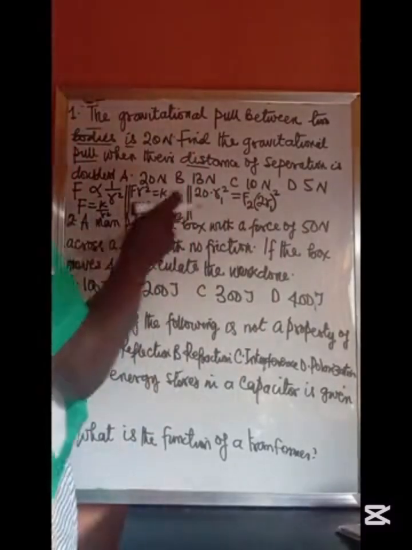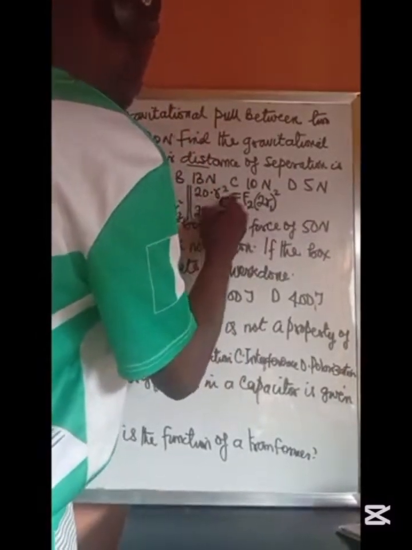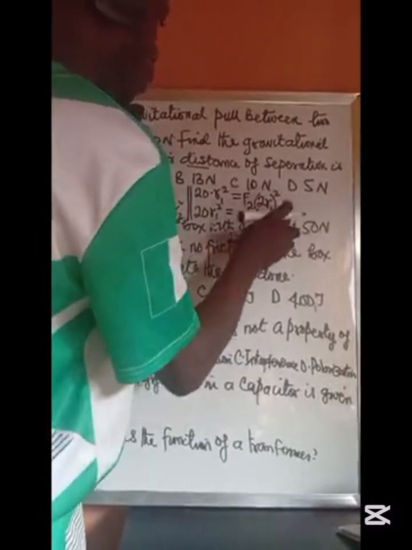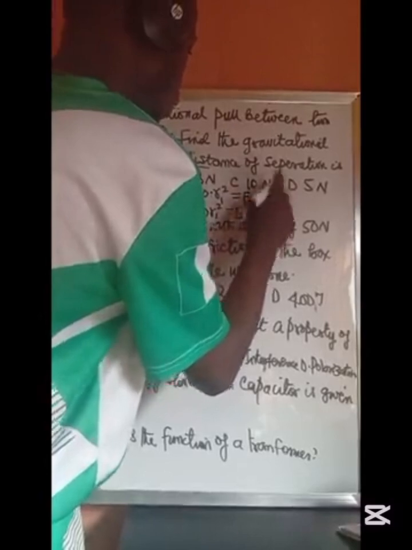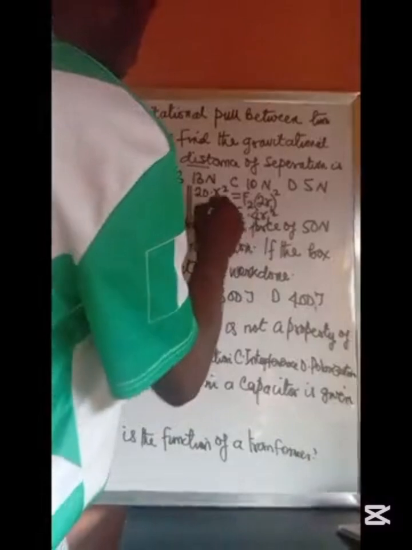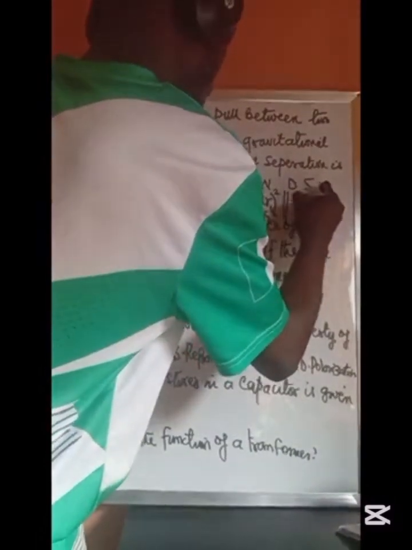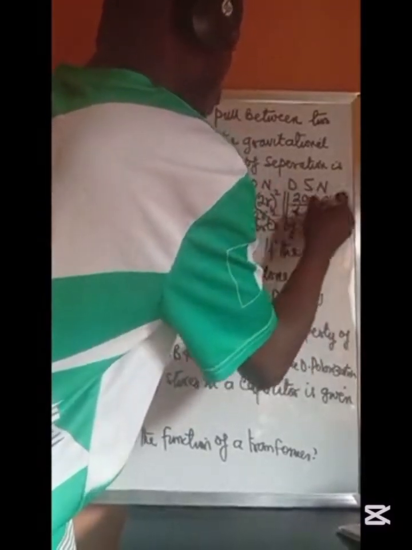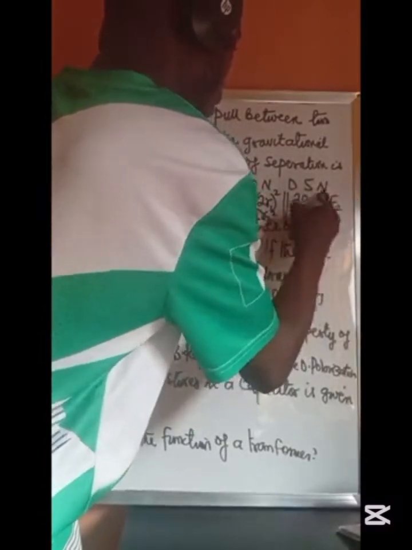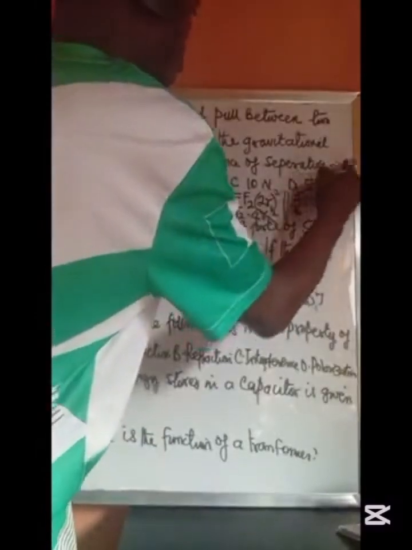Doing this, 20 R1 squared equals F2 times 4, since 2 squared is 4, and R1 squared is R1 squared. We cancel R1 squared, and we are left with 20 equals 4F2. Divide both sides by 4. So F2 is equal to 5 Newton, which is option D.